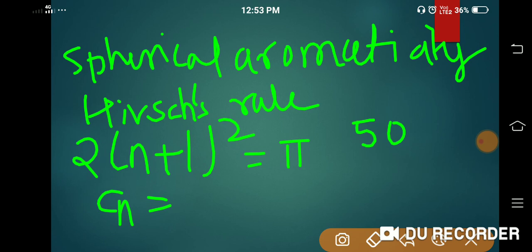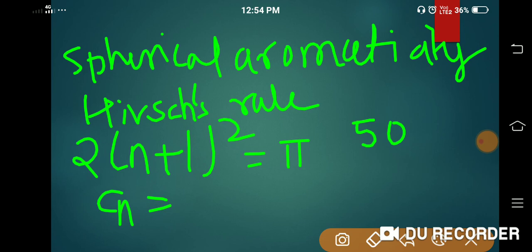So the fullerene system never shows electrophilic substitution reactions. They only give addition reactions.